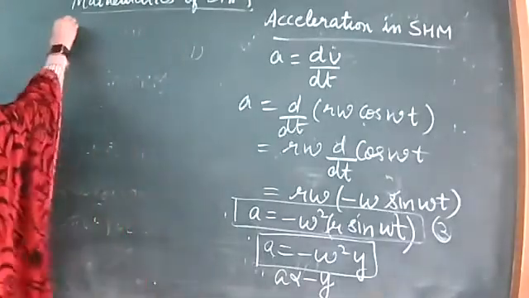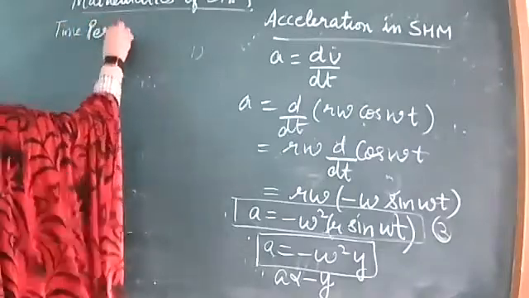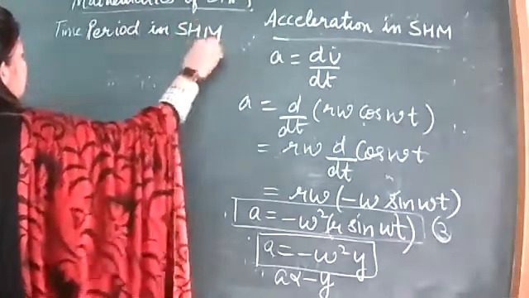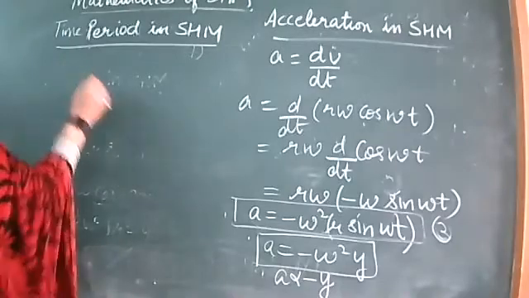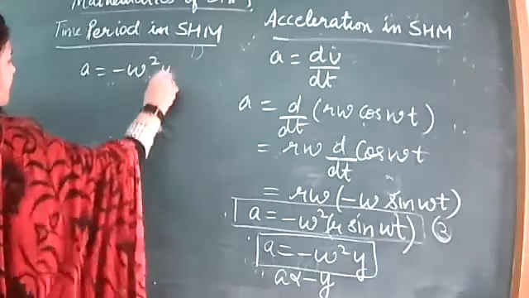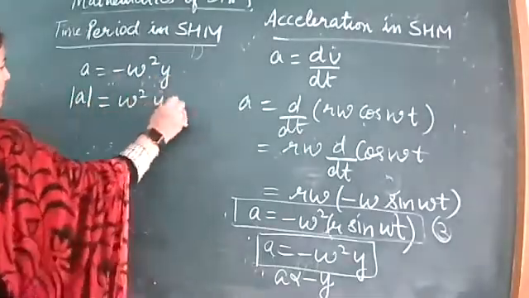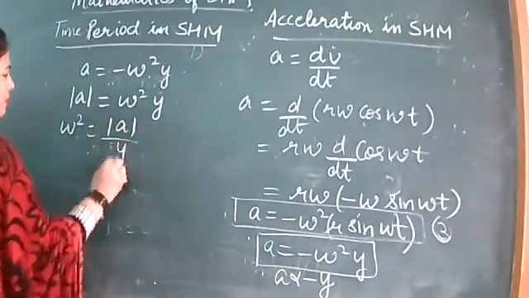Now, time period in SHM. Time period and frequency also in SHM we are supposed to find. So using this formula, a is minus omega square y. What is modulus a? That is omega square y. So omega square is mod a upon y.